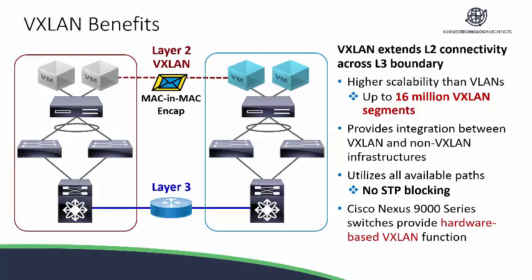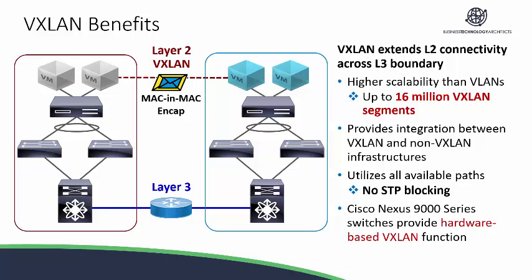Of course, you can scale to 16 million VXLAN segments. The Nexus 9000 switches are designed with hardware-based VXLAN function. So basically, we create the policy model, the APIC, and the leaf switches in this case do all the VXLAN encapsulation in hardware.